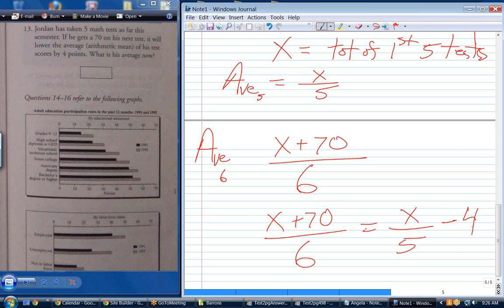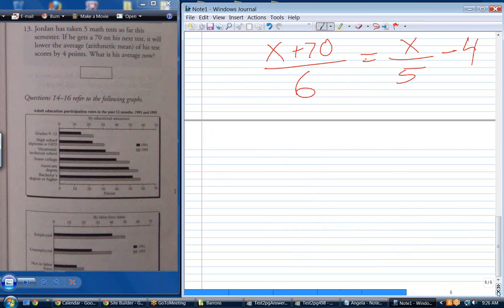Now we can solve for x. Once we've solved for x, we can solve for x over 5 and answer the question. Okay, let's go ahead and solve for x here just to brush up on your algebra skills.